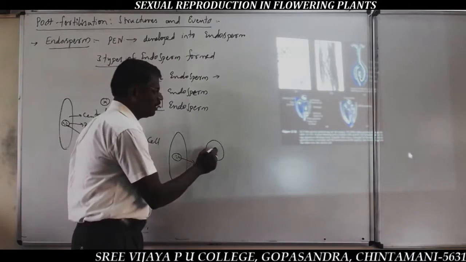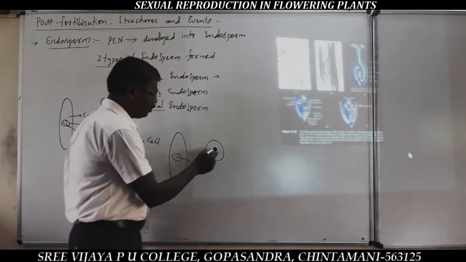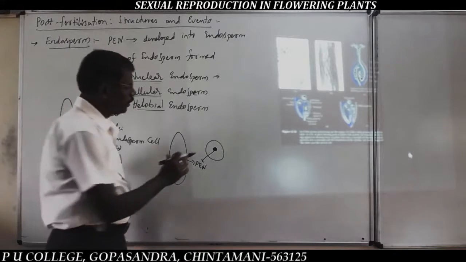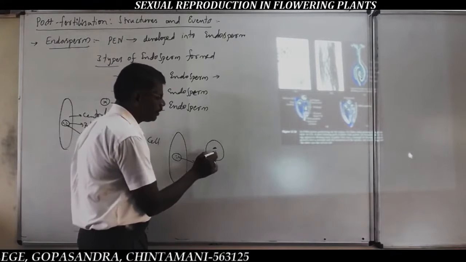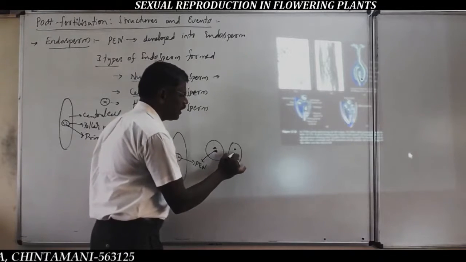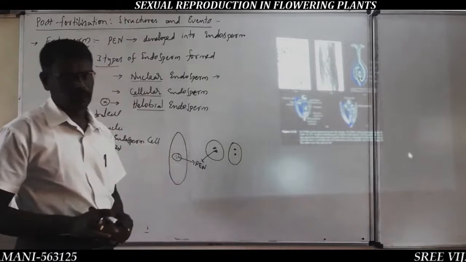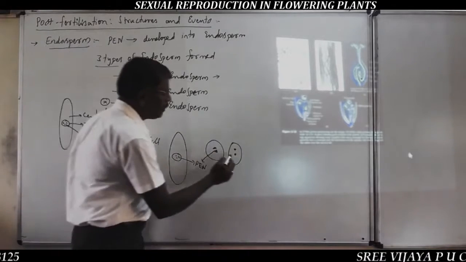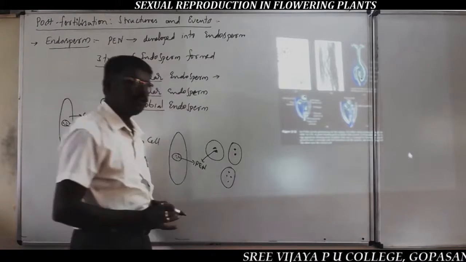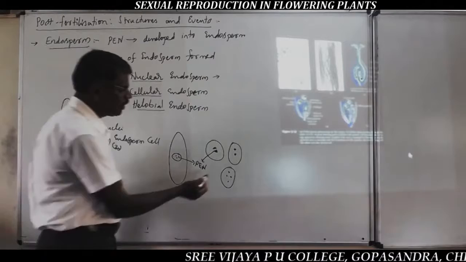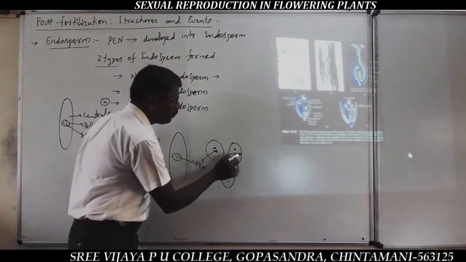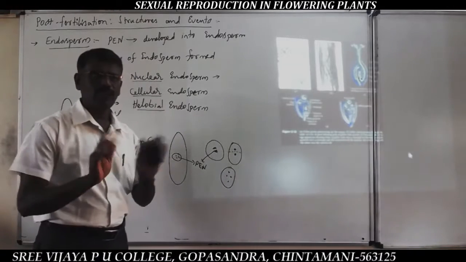There is one cell nucleus, which we call PEN. These primary endosperm nuclei divide, so one cell becomes two, and two nuclei form in one cell. By repeated divisions of the same nuclei, the number of nuclei increases. Only the nucleus keeps dividing, but there is no formation of cross walls.